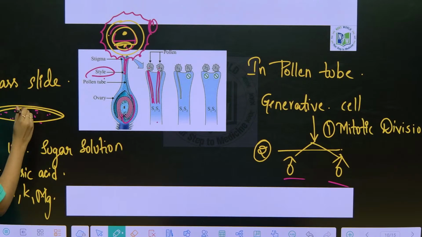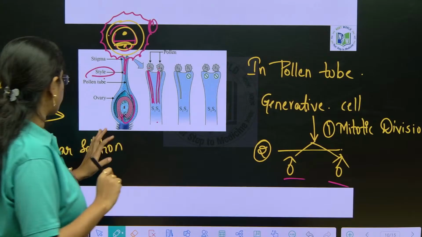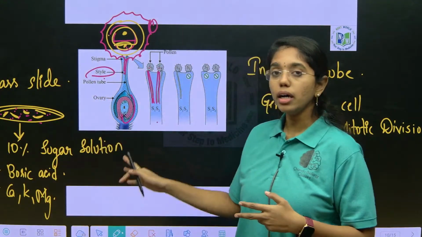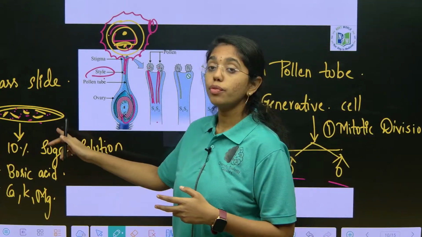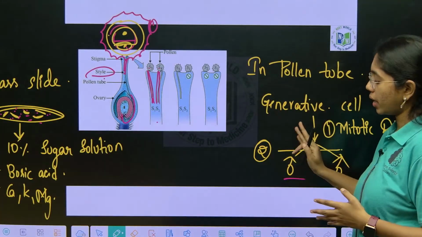You can see the growth of the pollen tube after a certain period of time, like this. The composition that you have to give is important for the appearance of pollen tubes in in vitro germination. Okay, and this is pollen pistil interaction.